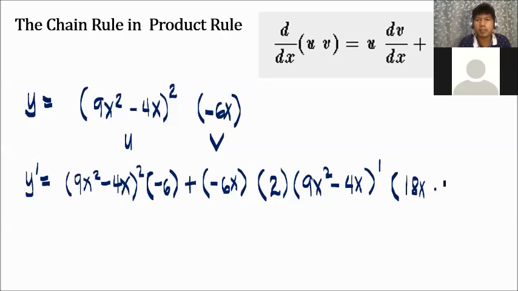18x minus 4. Because it's 9x squared, so the derivative is 18x, and for negative 4x, that is just negative 4.